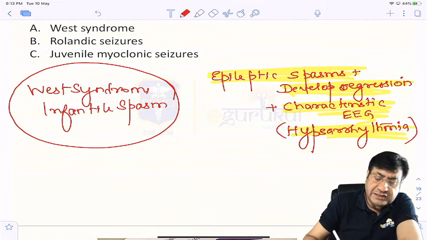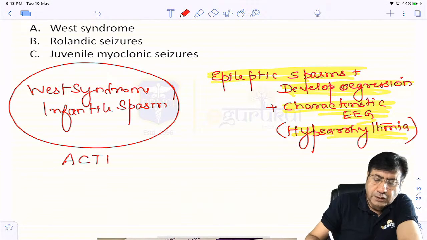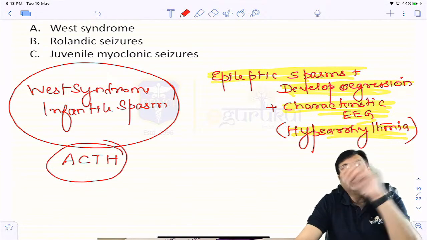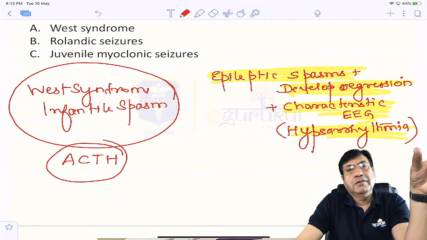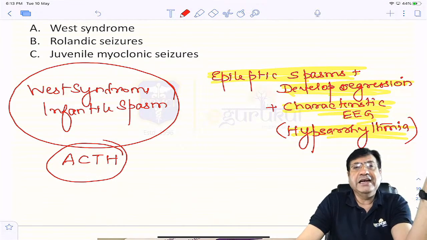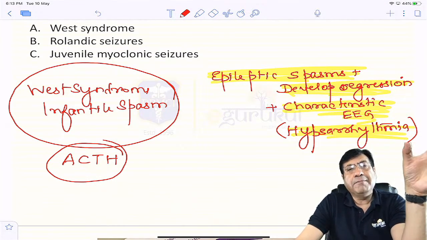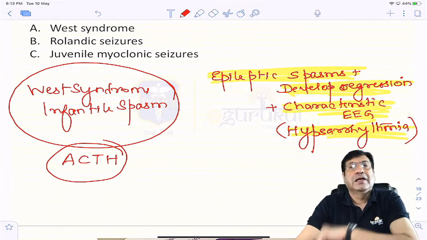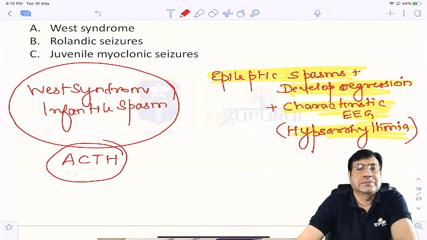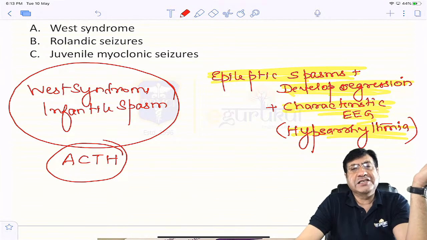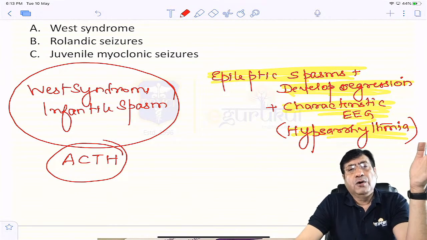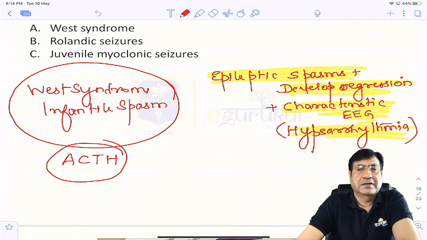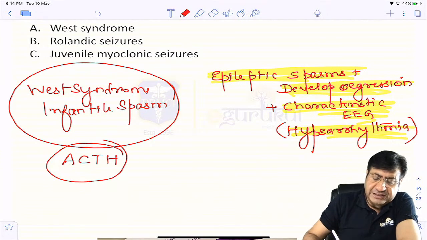The drug of choice for West syndrome is ACTH. So a 2-week course of ACTH, usually in 2 divided doses, followed then by decreasing doses over the next 2 weeks. This is the treatment of West syndrome or infantile spasms. In case infantile spasms or West syndrome are associated with tuberous sclerosis, then the drug of choice is vigabatrin.